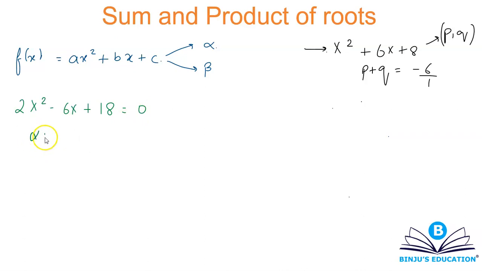So you can say that alpha plus beta is minus of minus 6 divided by 2, that's 3. And alpha beta is 18 divided by 2, so that's equal to 9. So if the quadratic equation is given to you, this is how you calculate the sum and product of the roots. So alpha plus beta is minus b by a and alpha beta is basically c by a.